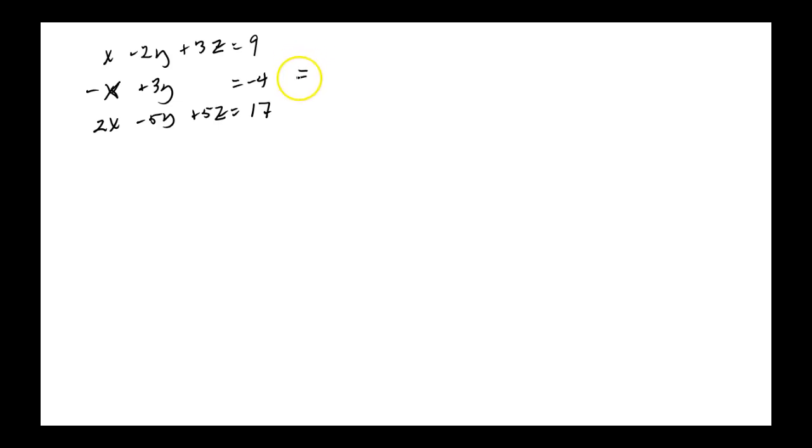Let's write the associated, what they say, augmented matrix. What would that be? One, negative 2, 3, 9. Next.